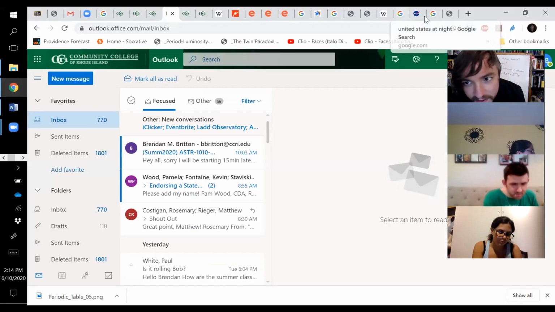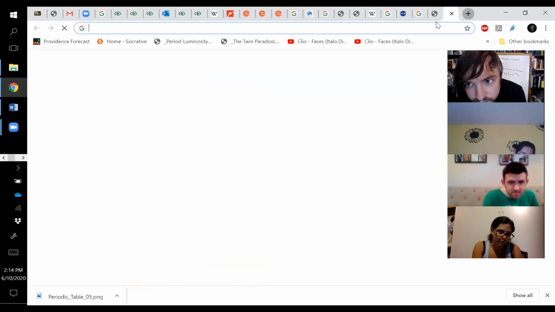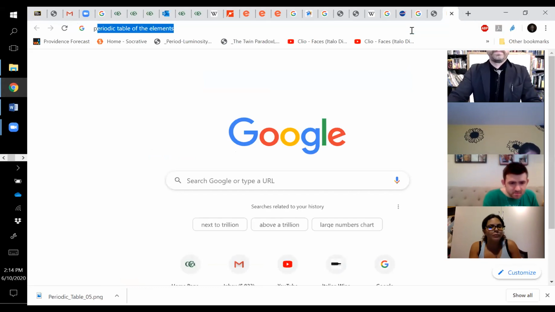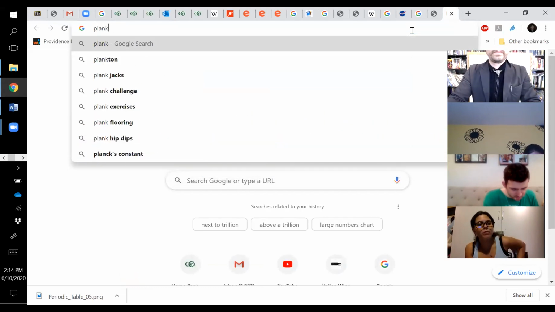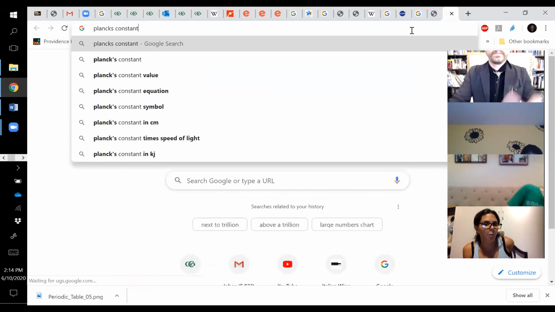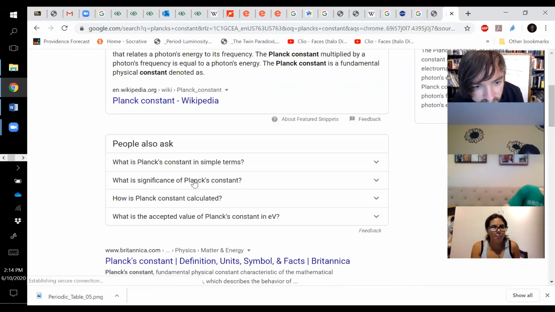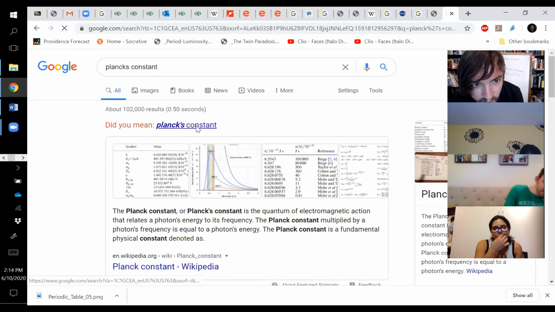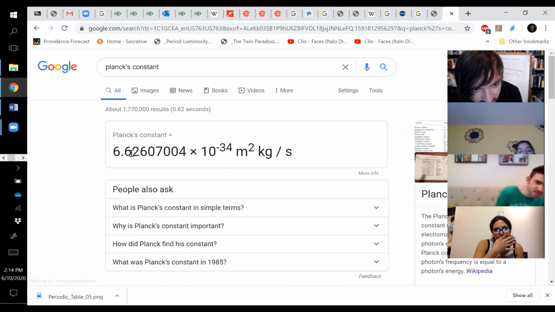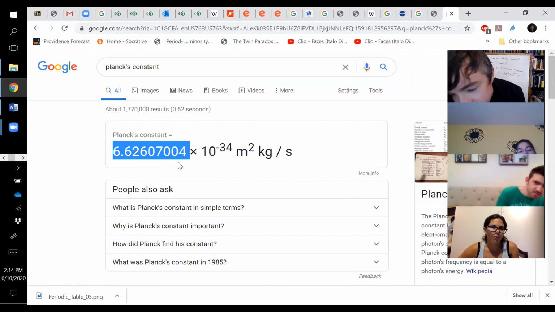Now, the real value of Planck's constant, if we look it up here, it's 6.6260704. I just rounded this to 7 for most of our exercises because I don't care.